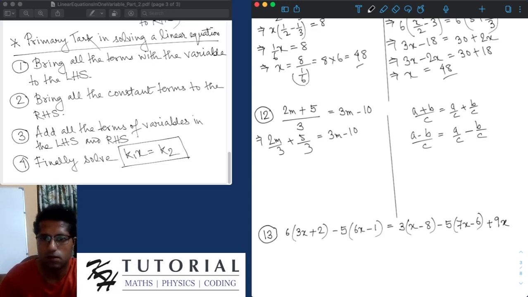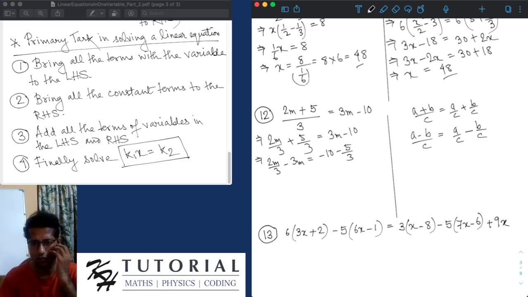So this is the concept I applied to simplify the term 2m plus 5 by 3. Okay. Now I will bring all the variable terms to the left hand side and all the constant terms to the right hand side. So this becomes 2m by 3 minus 3m equals minus 10 minus 5 by 3. Now I have to add all the variable terms in the LHS and all the constant terms in the RHS.